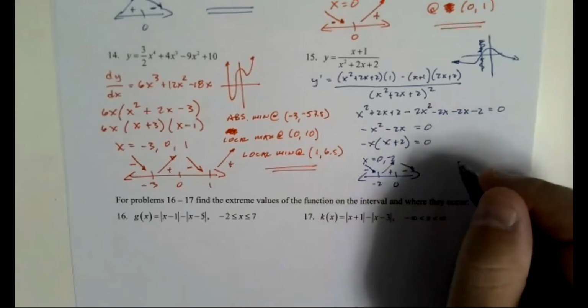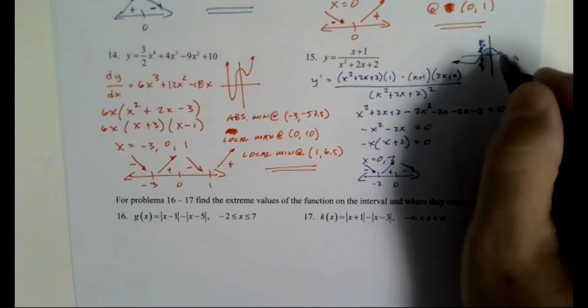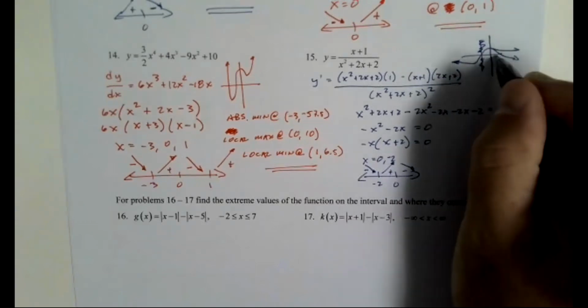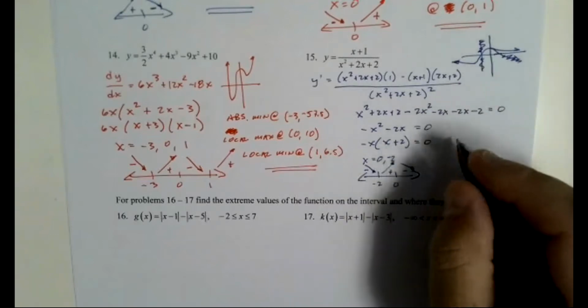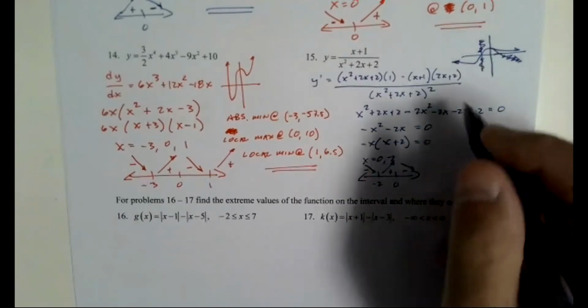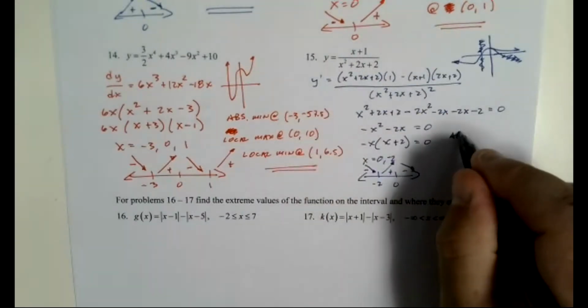So this is actually an asymptote right here. Should go like that. That's an absolute min. That's also an asymptote, which makes sense. The bottom is bigger than the top.